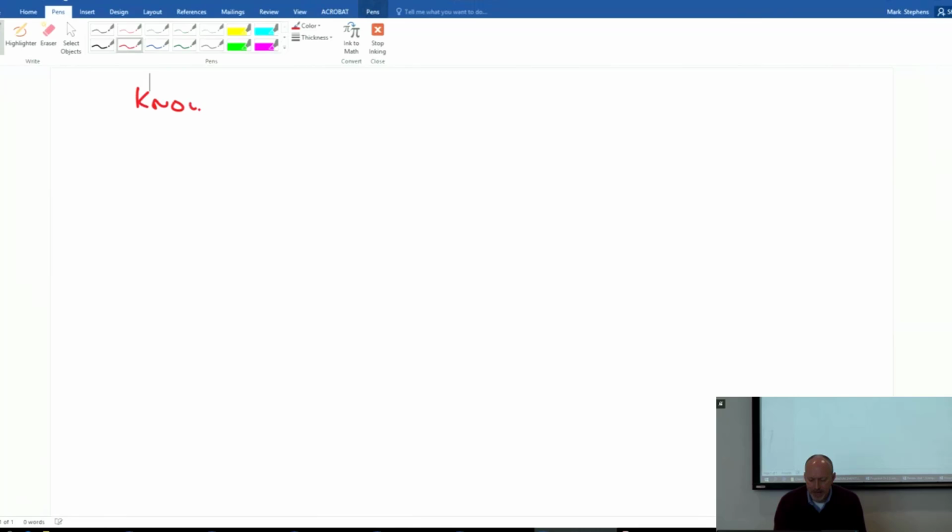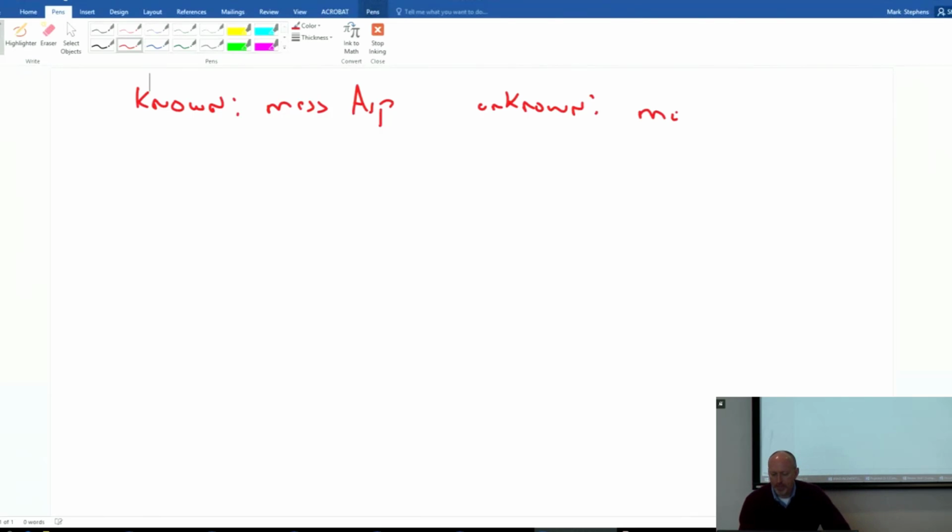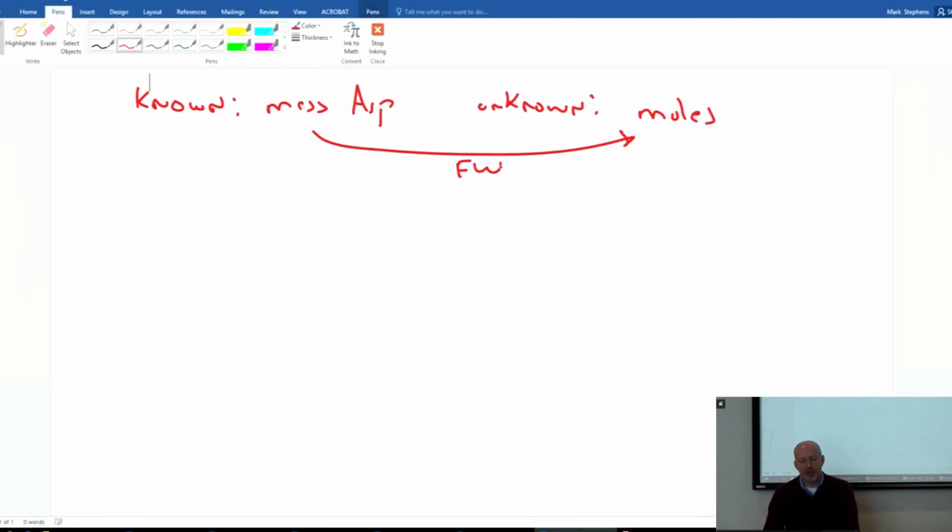So if I consider my known and my unknown, my known was mass of aspirin, and my unknown in this problem is moles. Looking back at the mole math, to go from mass to moles, one step will do it, and I need the formula weight of aspirin, which I've already calculated, 180.17.